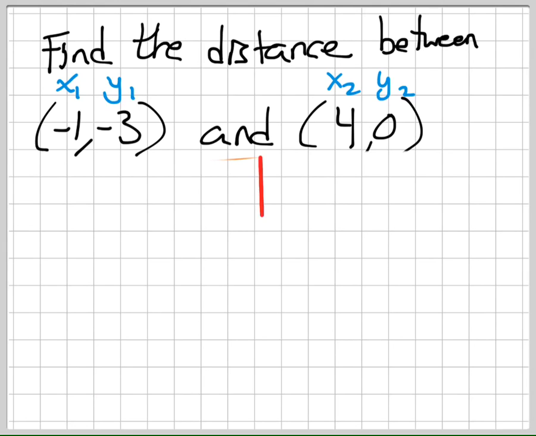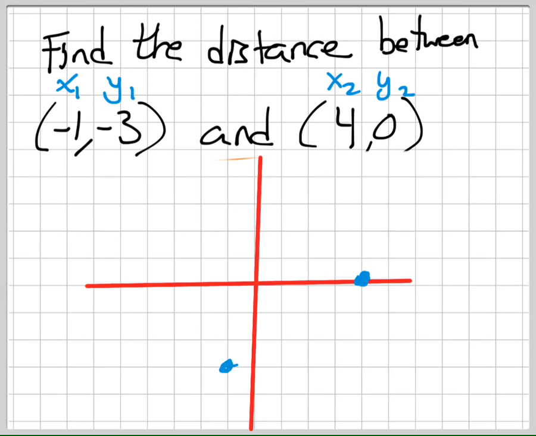So, y-axis, x-axis, 4, 0, and -1, -3. I'm going to find the distance between those 2 points. So I need to draw a right triangle between those 2 points. I can either draw it down and over, or over and down, either way.